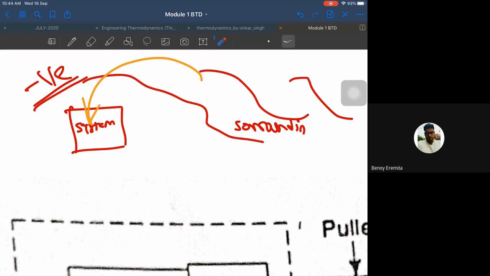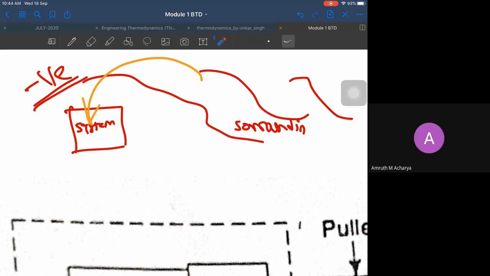Amrit. Hello, sir. Amrit, work done on the system. You're working on the system. You're giving work to the system. Then it is negative or positive? Positive, sir.